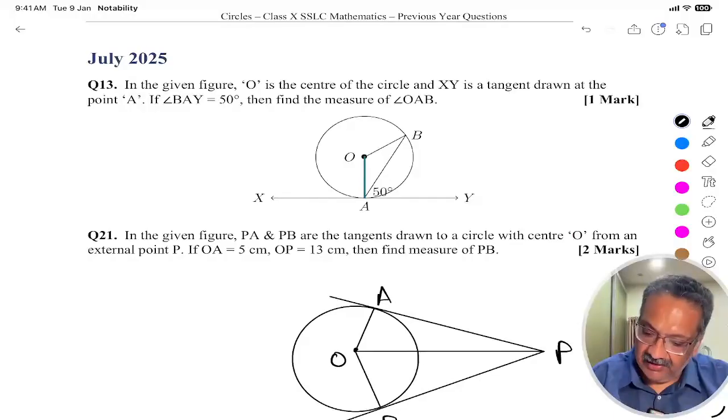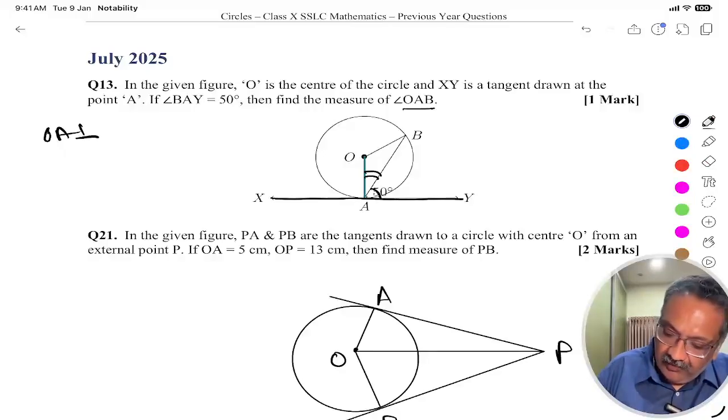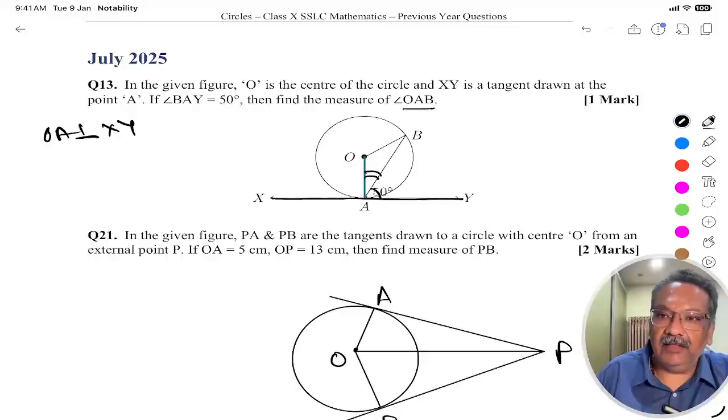See, O is the center of the circle, and XY is a tangent drawn at the point. If angle BAY is 50 degrees, then find the measure of angle OAB. This angle they are asking, right? Now we have OA is perpendicular to XY, because the radius is perpendicular to the tangent.